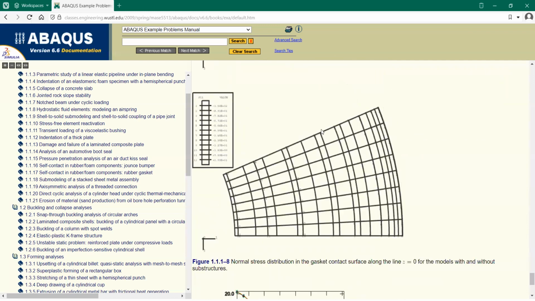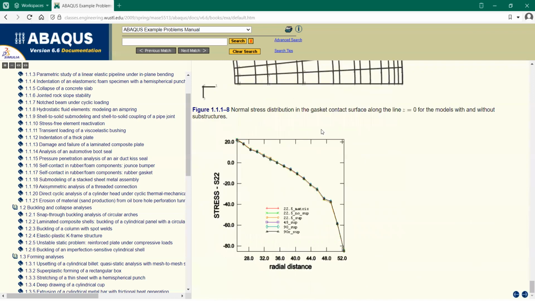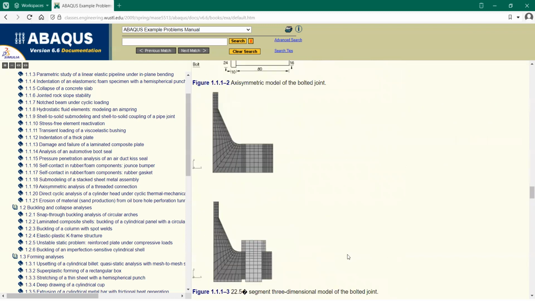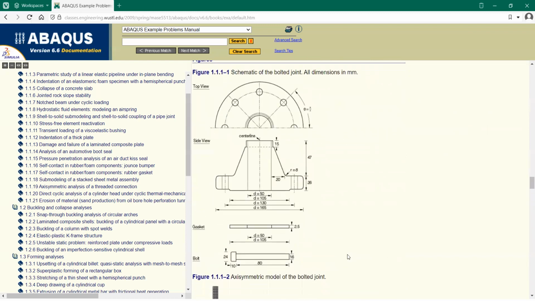We don't see any variations. So S22 along the radial distance from 28 to 52. Which distance is this? 28 to 52 must be this distance, 105.